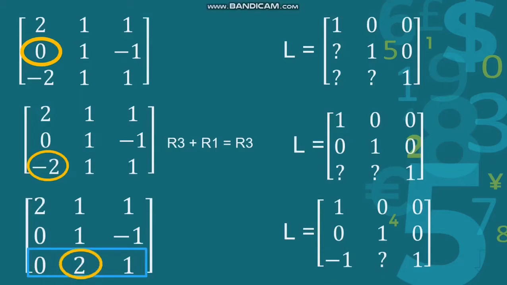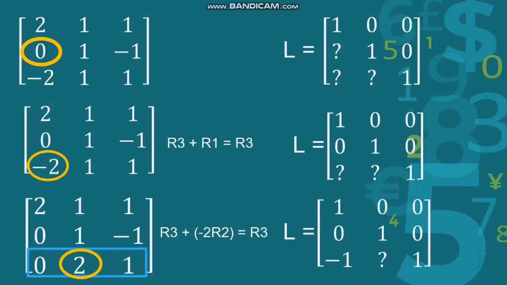Next, what do you think should be our multiple of another row that we will add to this row to have this element be 0? So, we will add row 3 plus negative 2 row 2 to get a new row 3.